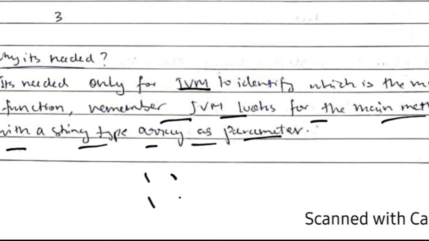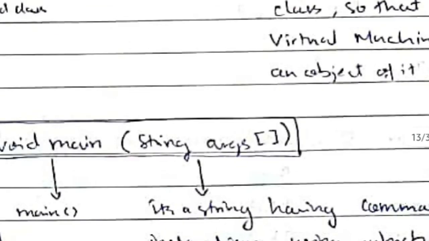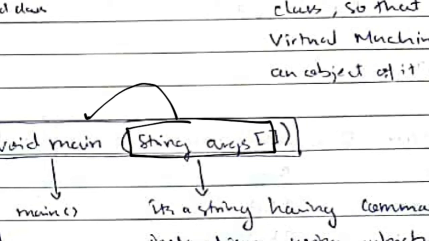So among many functions, how will the JVM know which is the main function? It will only know by checking for the arguments. Wherever it gets the argument string args, it identifies the function as the main function, and that will be run first. Only then will the rest of the functions be run. For that purpose only we are using this.